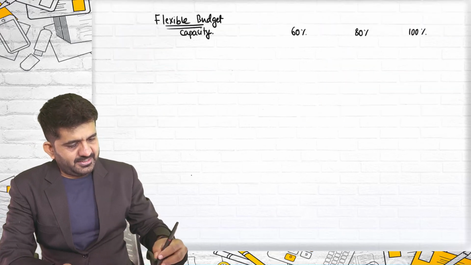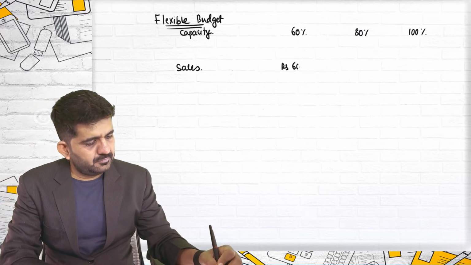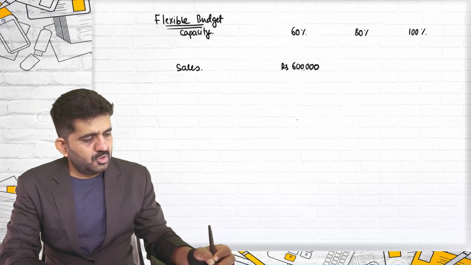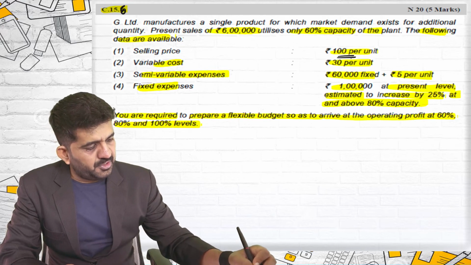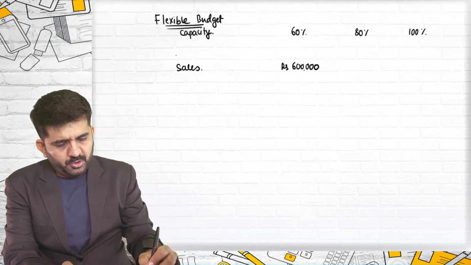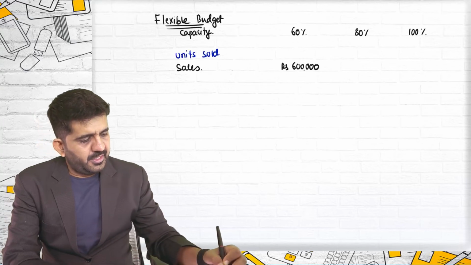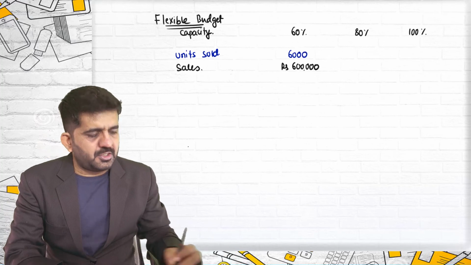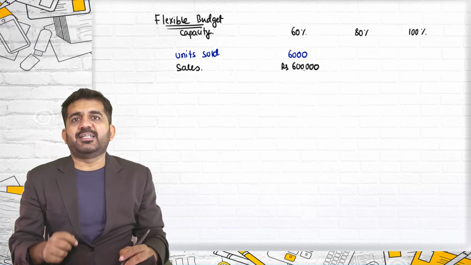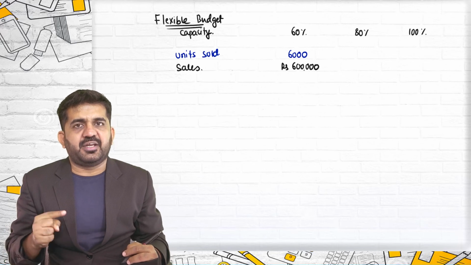It is 6 lakhs. What is selling price per unit? 100. So how many units you might have sold? It is 6 lakhs upon 100, which is 6,000 units. So at 60% capacity, you are selling 6,000 units at the rate of rupees 100.